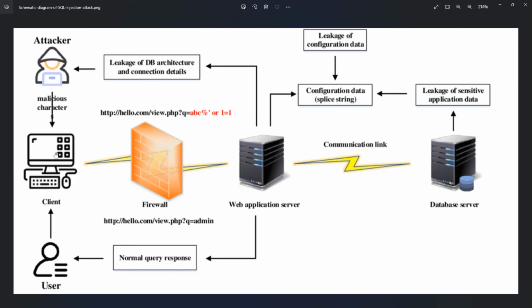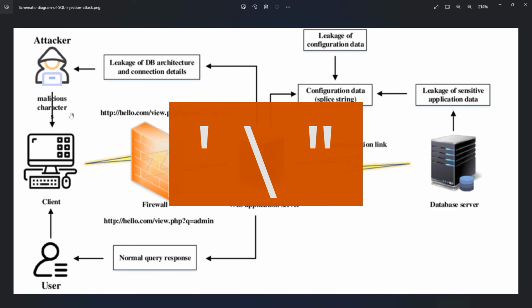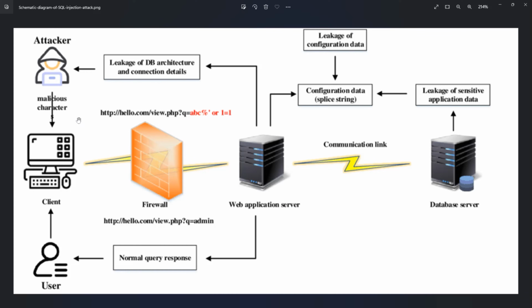And if some malicious character like a single quote, backward slash, or any other is in the query submitted to your web application server, then the web application server is going to connect to the database server. Now, here is the danger.